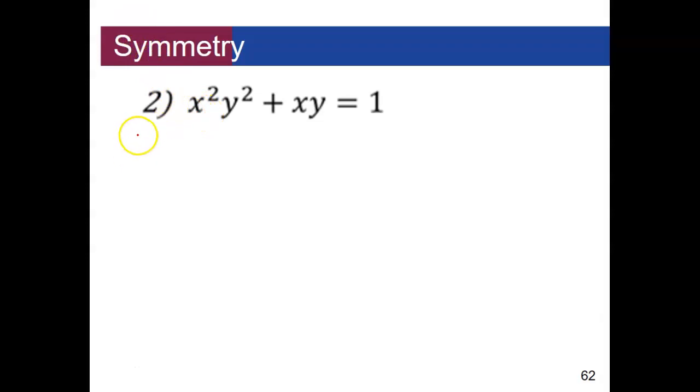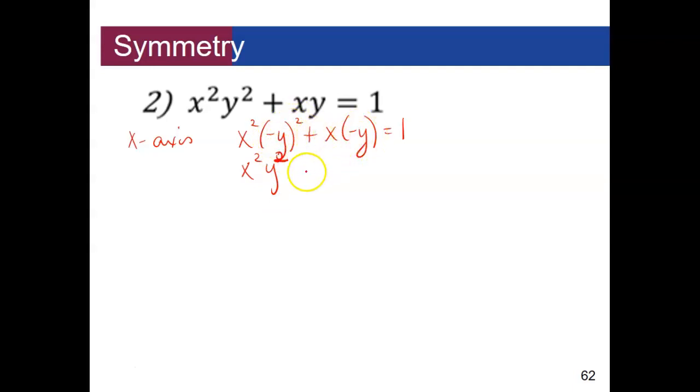Okay, looking at this one, we've got to check for x-axis symmetry, we're going to substitute negative y. Simplify. So we have a negative to an even power, makes that negative go away. Here, a positive times a negative keeps it a negative. When we compare that back, it does not have that type of symmetry.